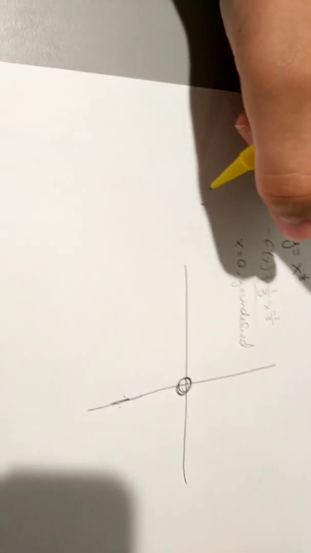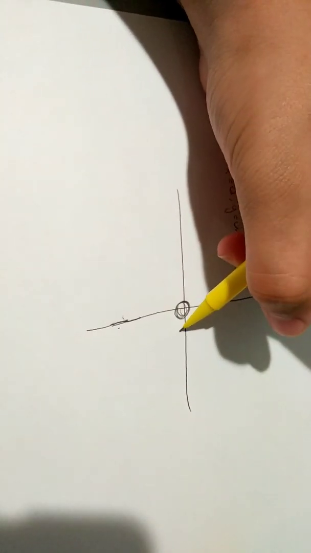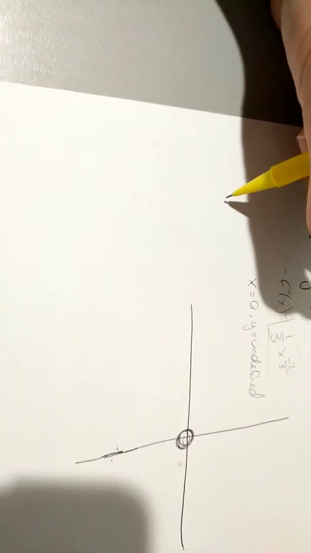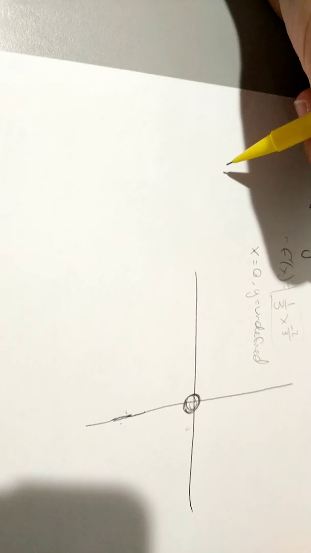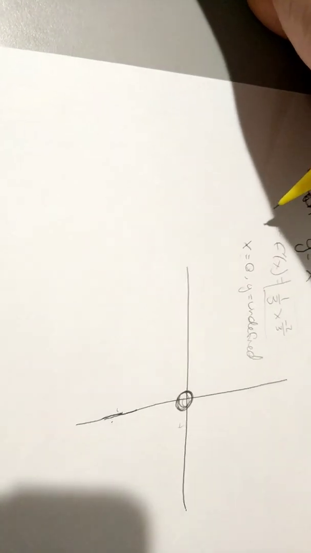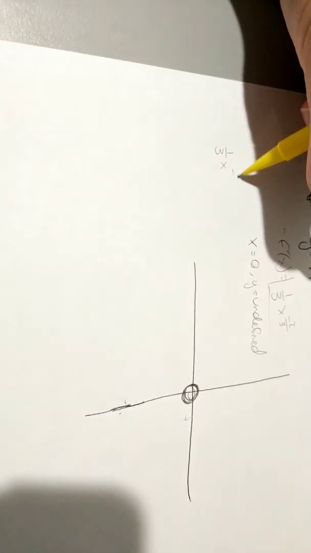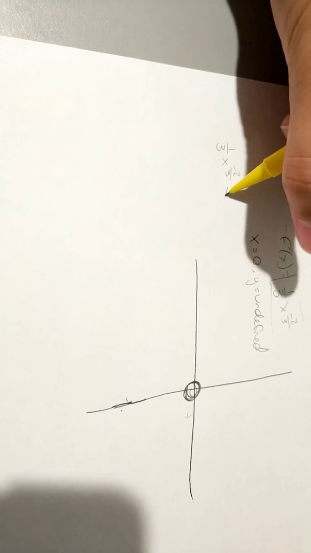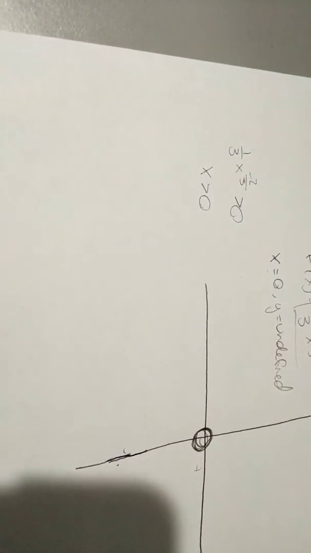So I'm going to analyze the slope when x is positive and when x is negative. When the slope is positive, that will mean that this is greater than 0, and that happens at any value where x is greater than 0.